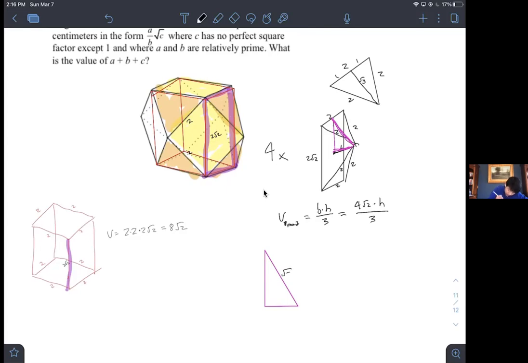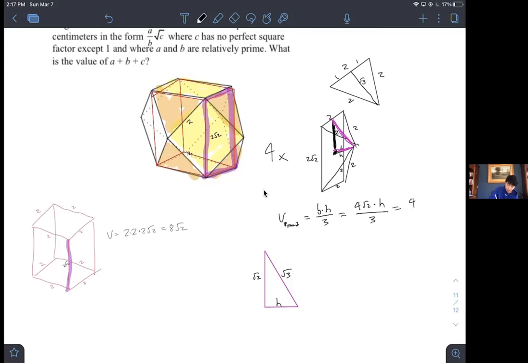So that means that the hypotenuse of our pink triangle is root 3. We also know that this base is h. And then we need to find this length here, but this length is just half of this length because this is emanating from the center. So this is root 2. And then that means that h equals 1.